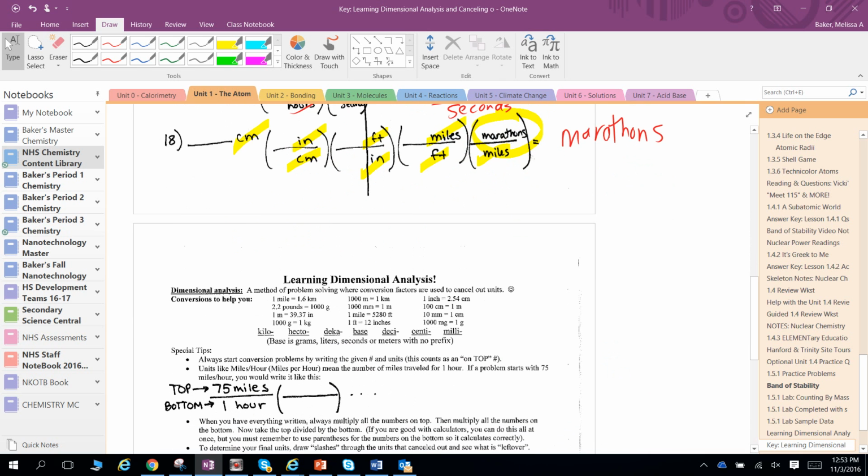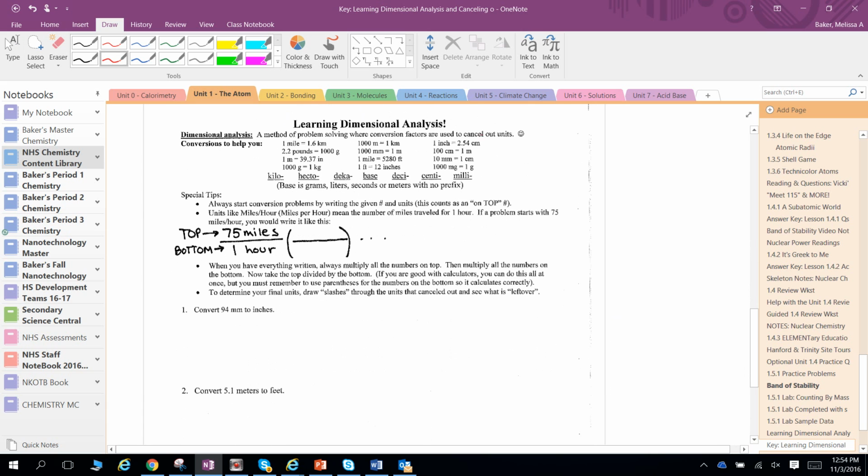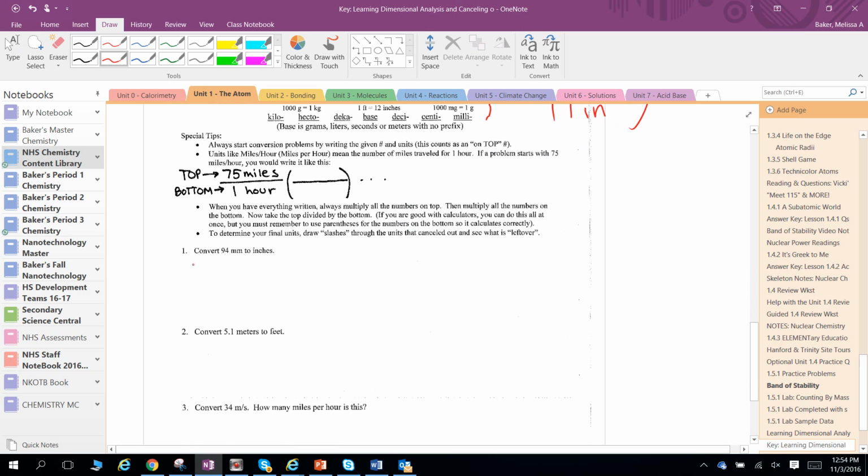Alright, let's actually use this technique with a problem with numbers. So you use conversion factors in dimensional analysis. This is something like 1 inch is equal to 2.54 centimeters. That's a conversion. So notice I wrote the equal sign sideways. When you do these problems, like number 1, convert 94 millimeters to inches, we always start by writing the number and the units that you're given.